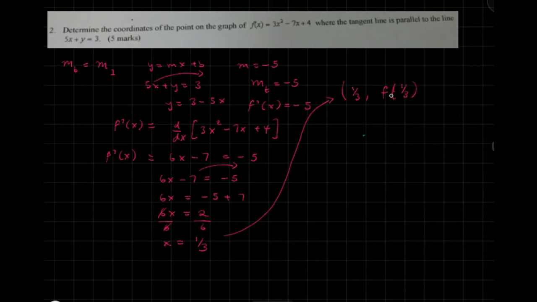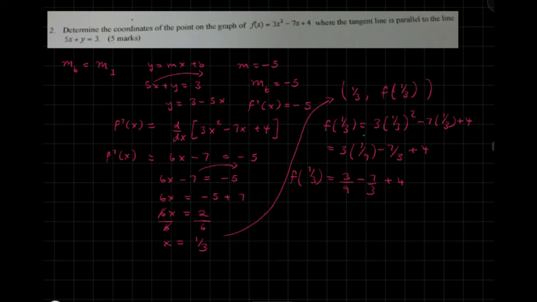So f of 1/3 here is basically 3 times 1/3 squared minus 7 times 1/3 plus 4. In this case, you get 3 times 1 over 9 minus 7 over 3 plus 4. This is 3 over 9 minus 7 over 3 plus 4.